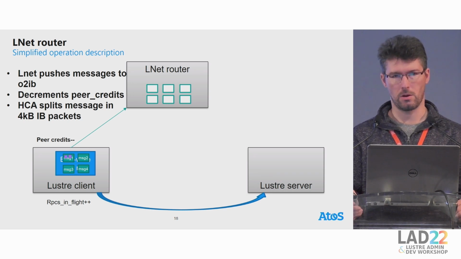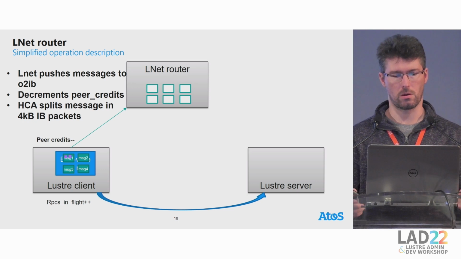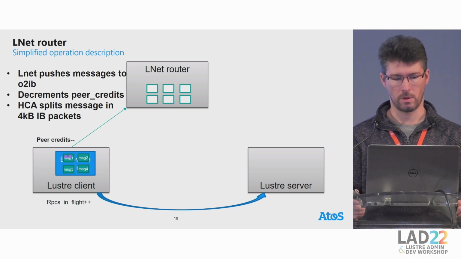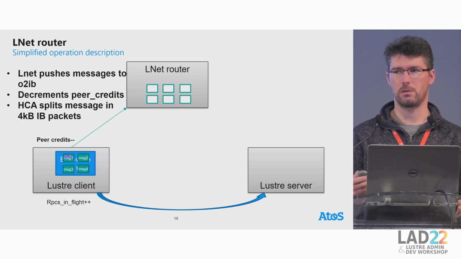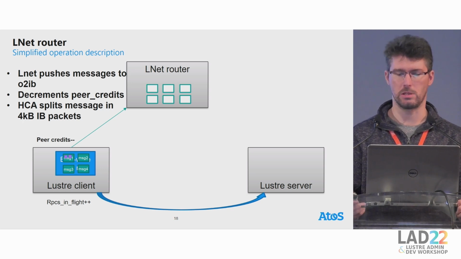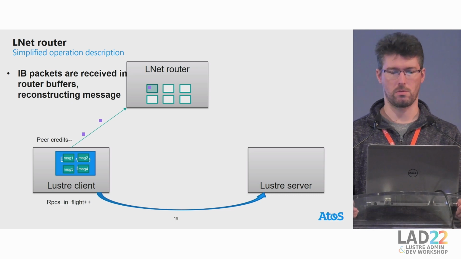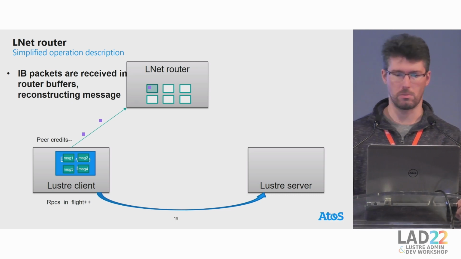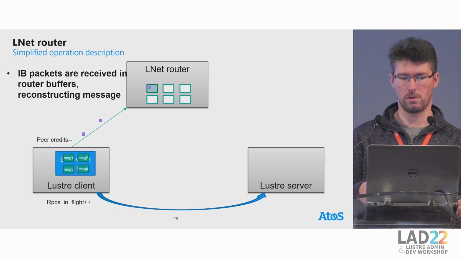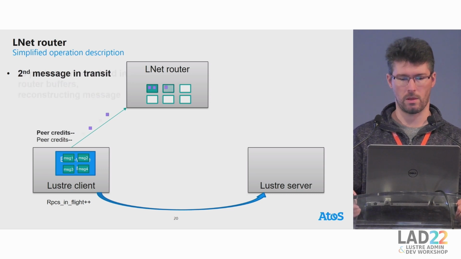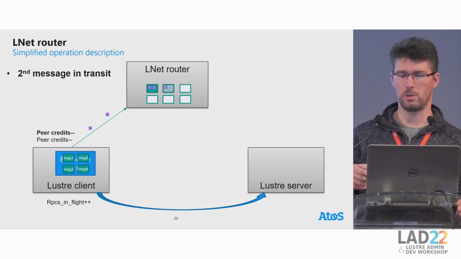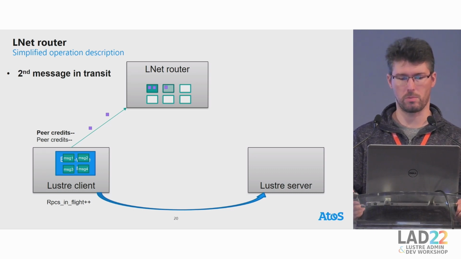The LNet layer will then push this to the lower layer on the IB side. And the HCA will itself split the messages into 4 kilobyte messages at most. So the HCA pushes this data 4 kilobytes by 4 kilobytes to the LNet router, which will slowly fill up the different buffers. And each time a new message begins to be sent, you decrement the peer credits counter again.